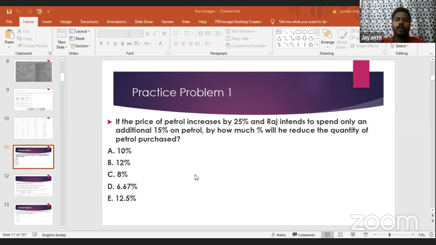I explained one problem now, right? You do this one. If the price of petrol increases by 25%, and Raj intends to spend only an additional 15% on petrol, by how much percentage will he reduce the quantity of petrol purchased?